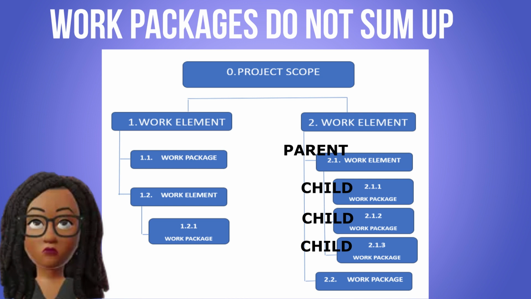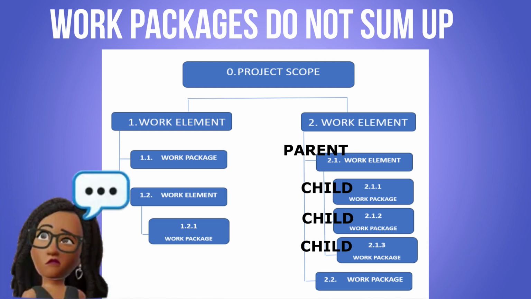If the listed work packages under a parent work element do not sum up to an exhaustive to-do list for that work element, then the WBS is lacking and represents a scope risk.